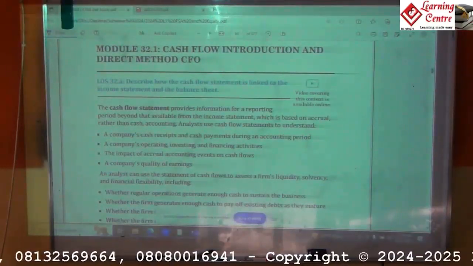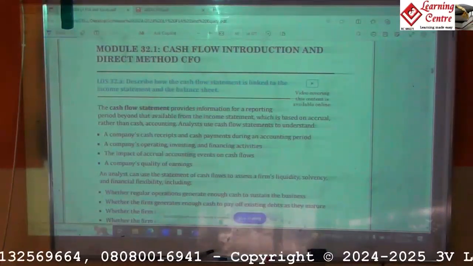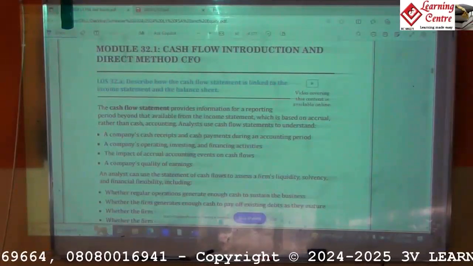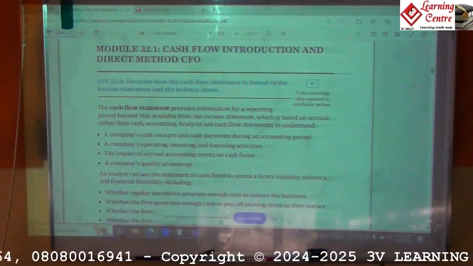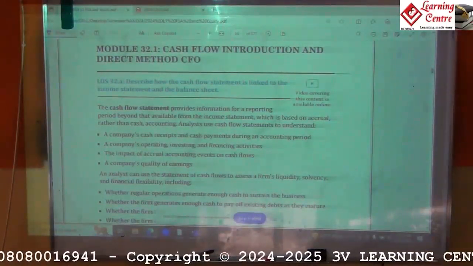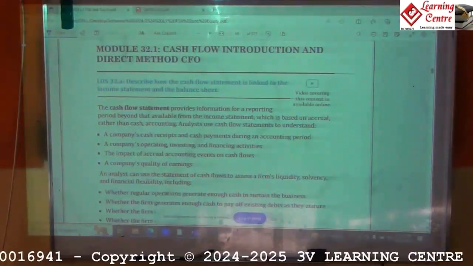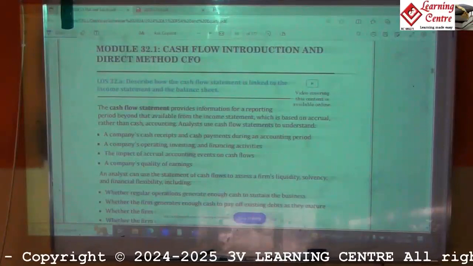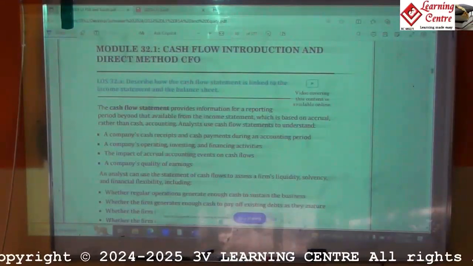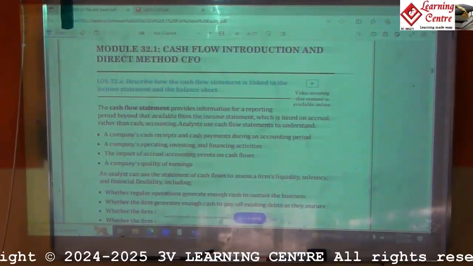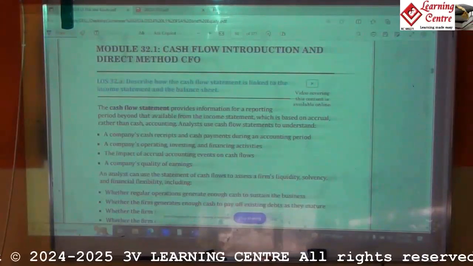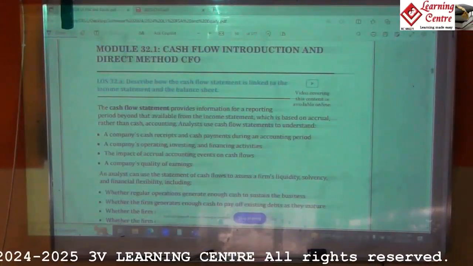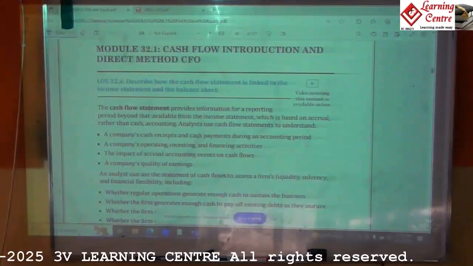The direct method goes through your revenue, your cost of sales, and all that to get to your profit, while the indirect method just starts from your profit, and after your profit, they start recognizing other items. Are we together?